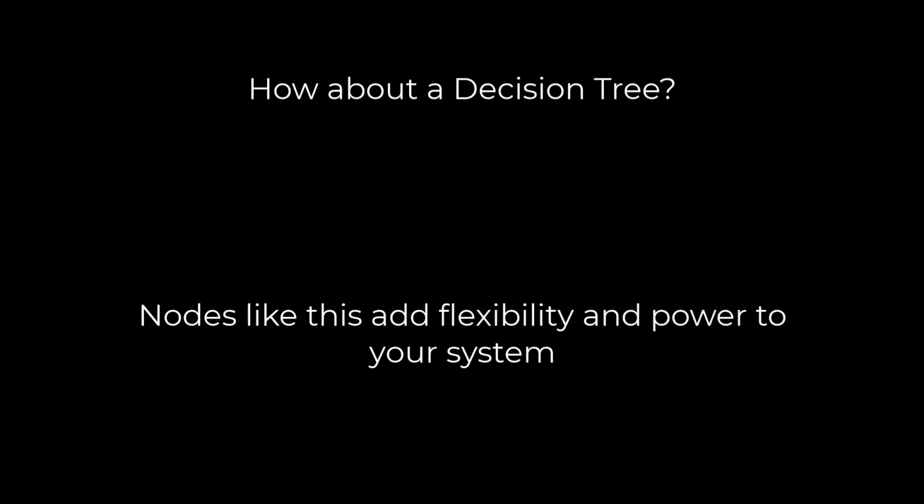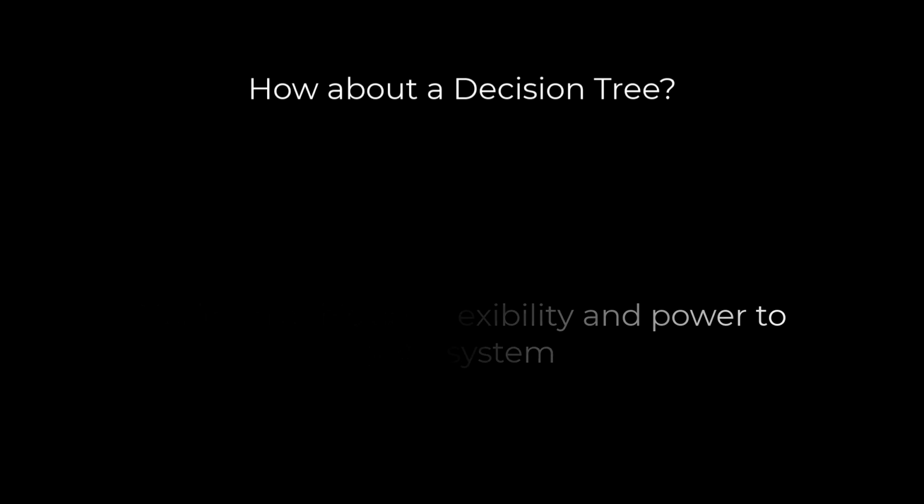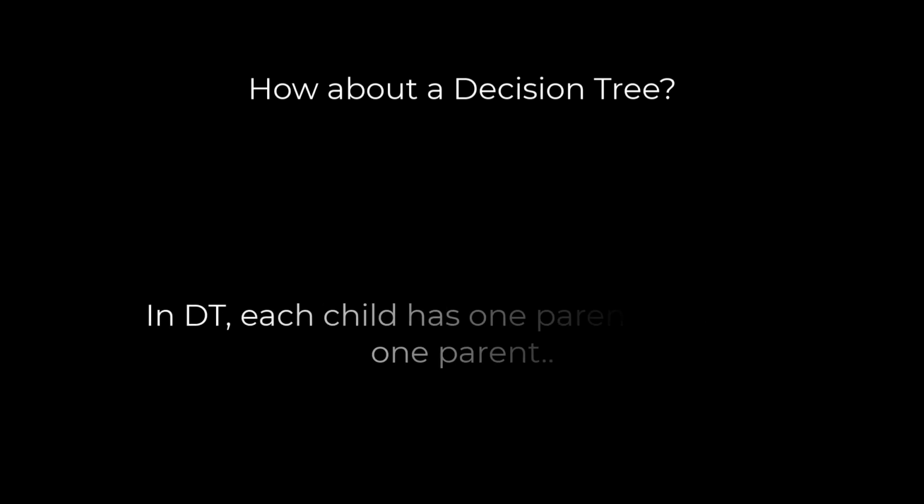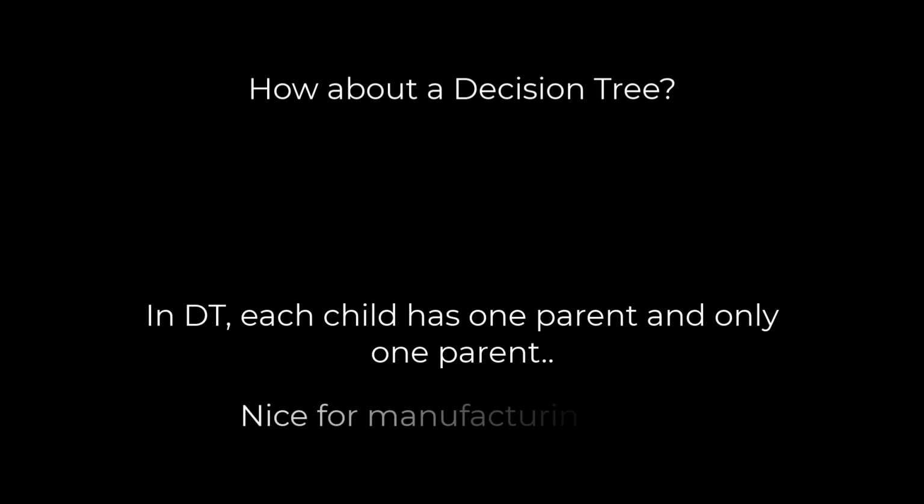And that leads us to the next big difference: decision trees are parent-child relationships where every child knows the parent node, and that can be very helpful in certain situations. However, because each child can only have one parent, that makes it very inflexible for applying to certain problems.